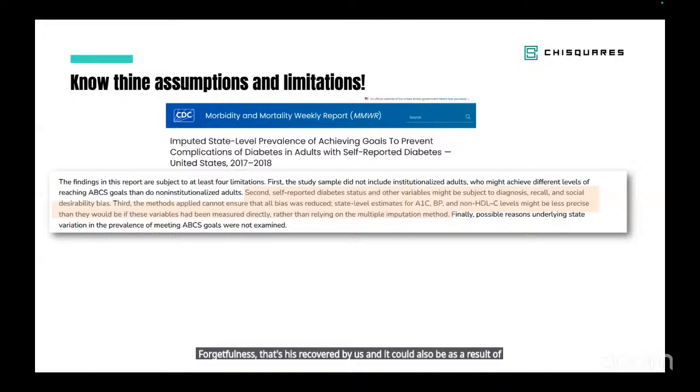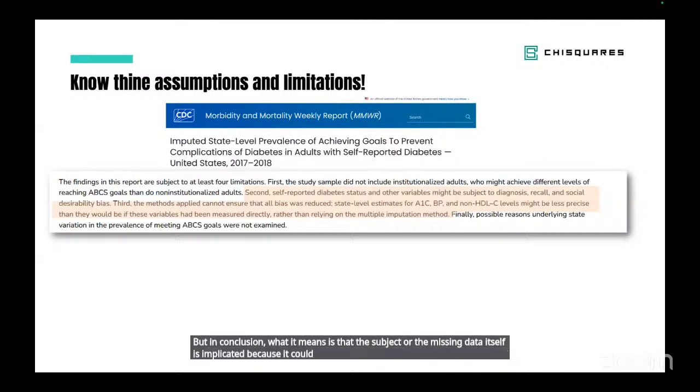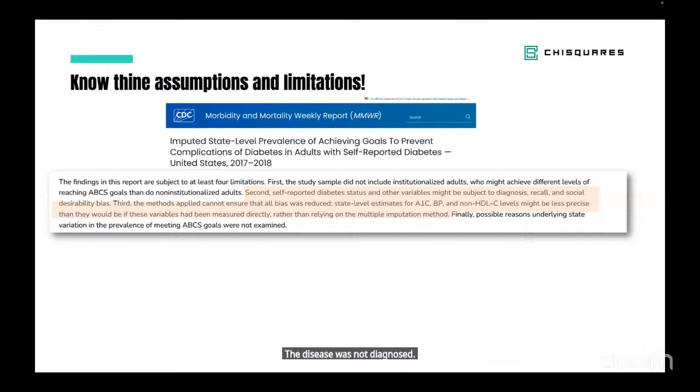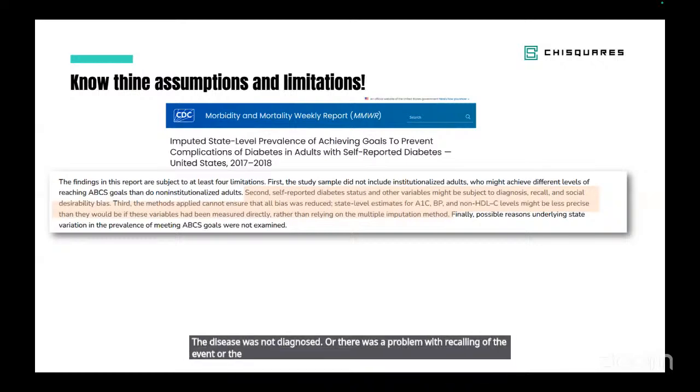In conclusion, what it means is that the subject or the missing data itself is implicated because it could be based on the fact that the disease was not diagnosed, or there was a problem with recalling of the event or the diagnosis, or any other social factors that will not make the patient or the subject confess or affirm that he or she has diabetes.